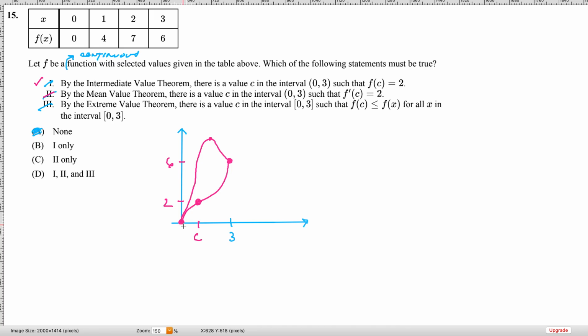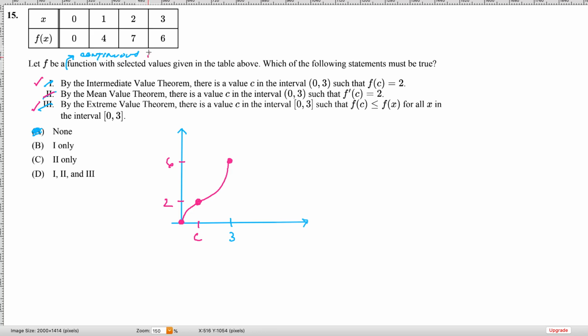Or it could even look like this. I mean, technically not, because we know values for 1 and 2, but you guys get the idea. So we would be able to guarantee the extreme value theorem. There would have to be some minimum on this.